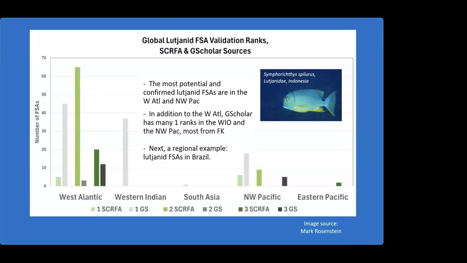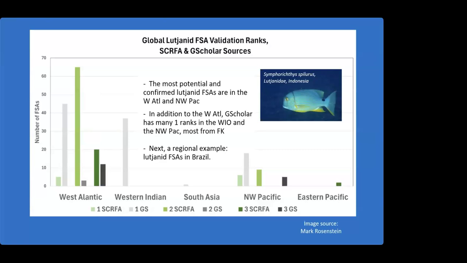Scaling down to an important family, the Lutjanid FSA validation ranks for SCRFA and Google Scholar sources, shown here by region, by database. The most potential and confirmed Lutjanid FSAs are in the West Atlantic and the Northwest Pacific. This is the Coral Triangle above the equator.